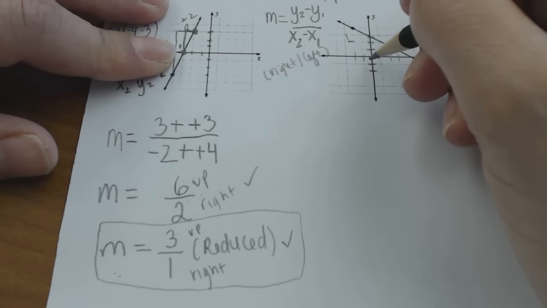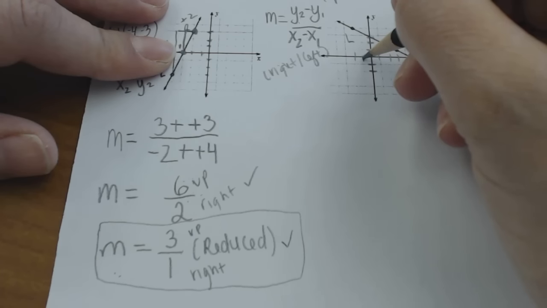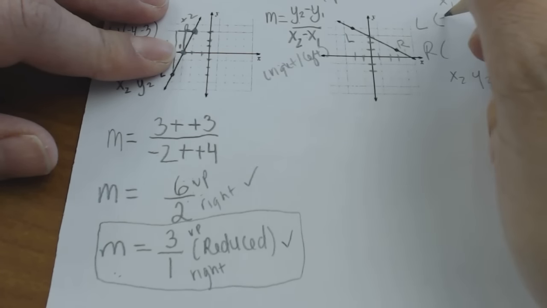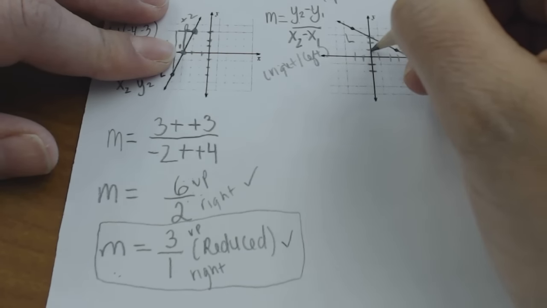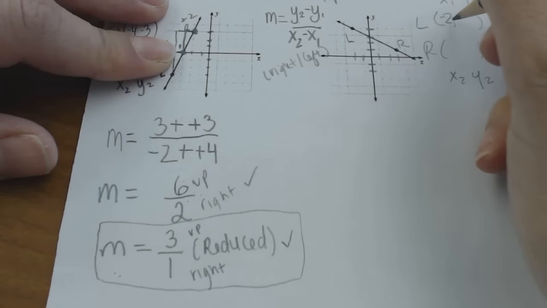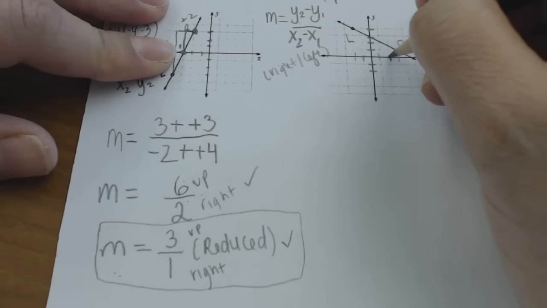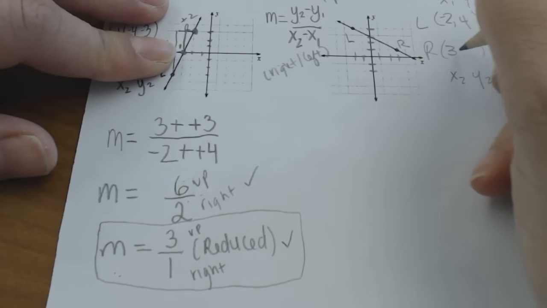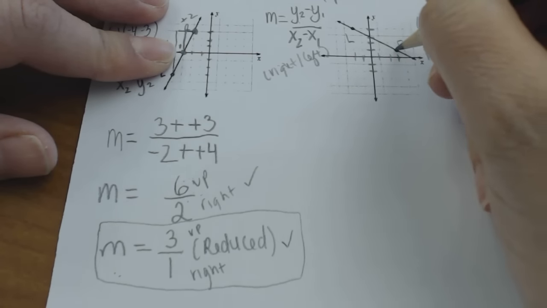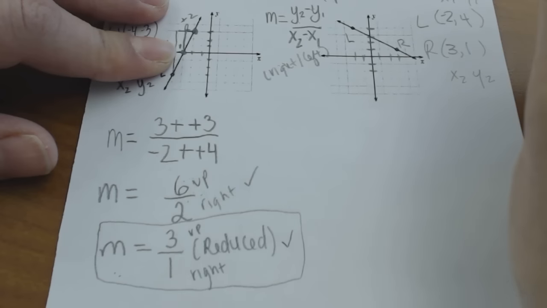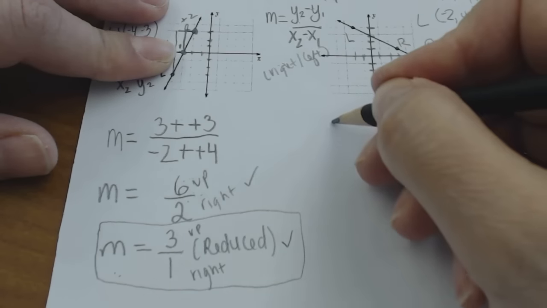All right, so let's locate this left point. We have to go over to -1, -2 for the x, and up 1, 2, 3, +4 on the y. For the right point, we go +1, +2, +3 on the x, and up to +1 on the y. Now, let's do our slope formula.